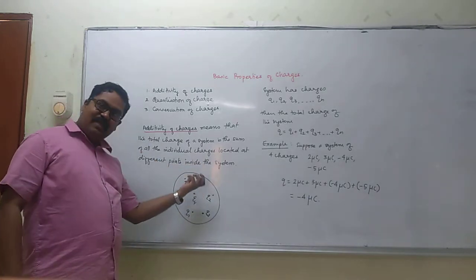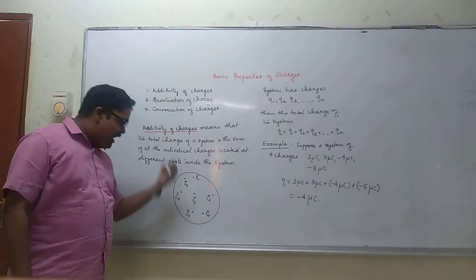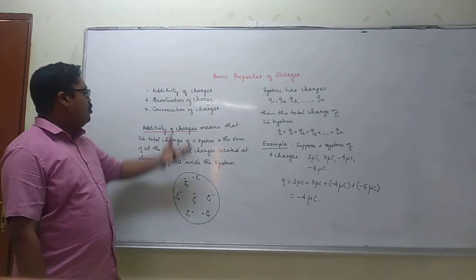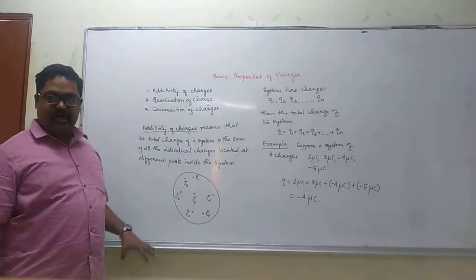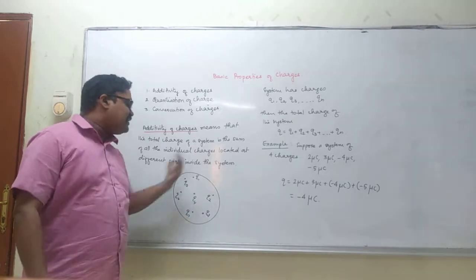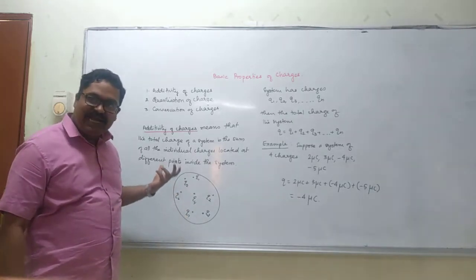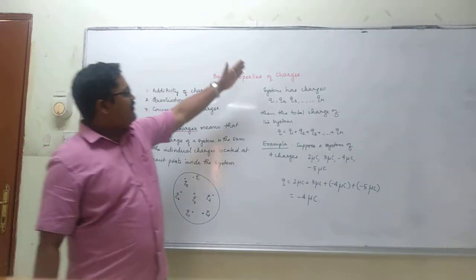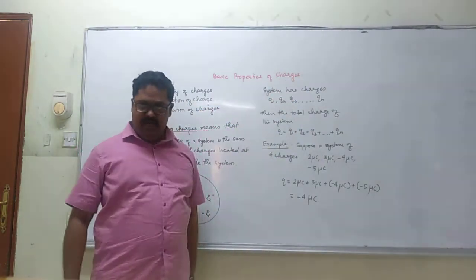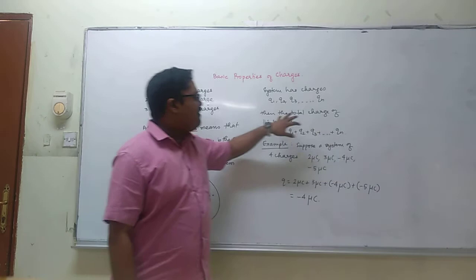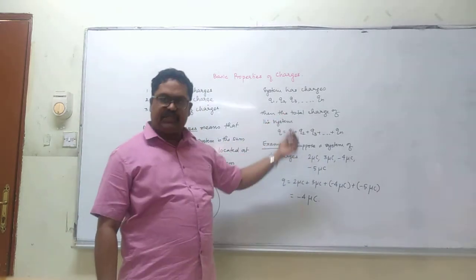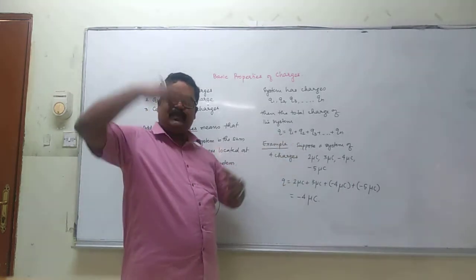So in this system there are n charges, and these n charges are located at n different points inside the system. So the total charge of this system will be the algebraic sum of all the charges inside the system. Now if this system has charges Q1, Q2, Q3 till Qn, then the total charge of this system, that is Q, will be equal to Q1 plus Q2 plus Q3 plus Qn.